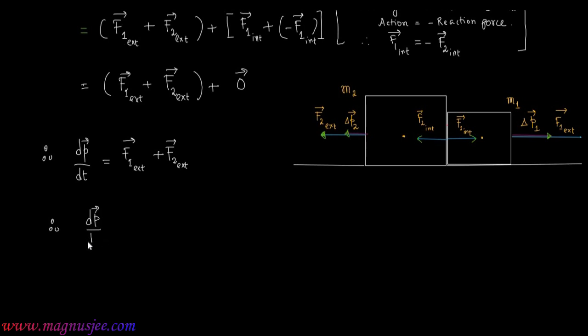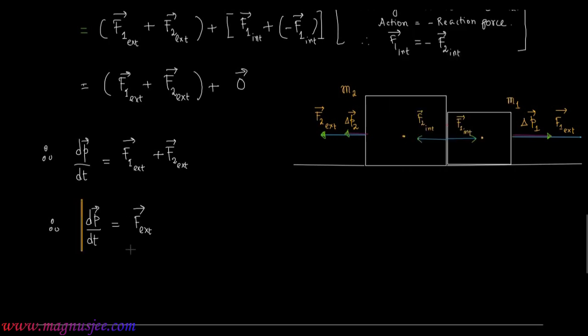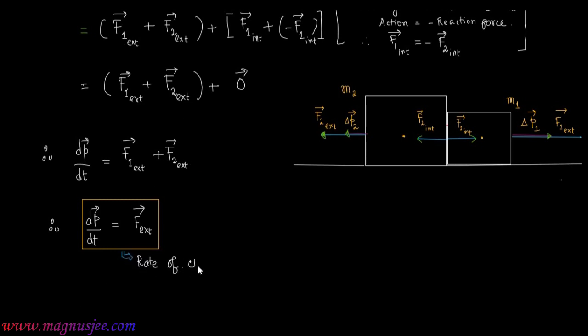Therefore, d vector p by dt is equal to vector f ext, that is the rate of change in linear momentum of the two bodies under the action of the external force vector f ext.